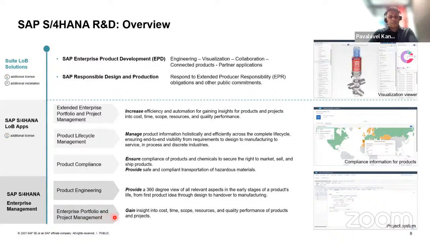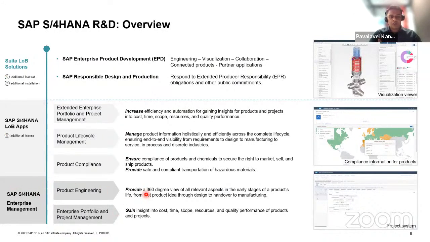This is basically to gain insight on cost, time, scope, and resources for quality performance of your projects and products. So you have a basic project system functionality, and you have a basic product engineering functionality, as part of your enterprise management.